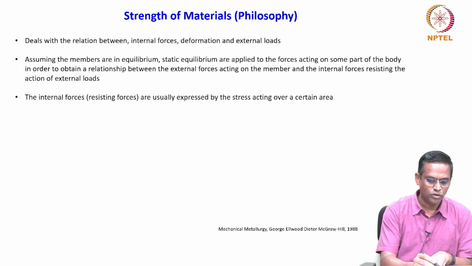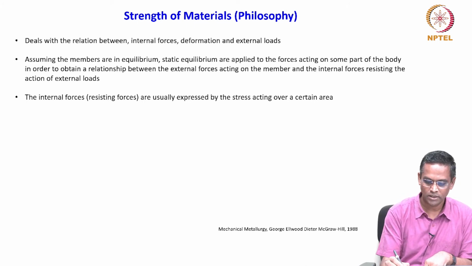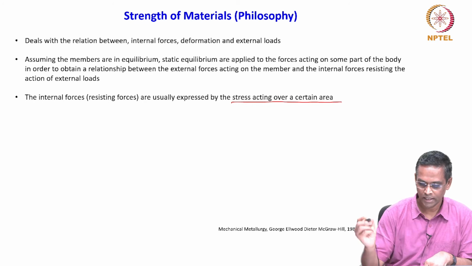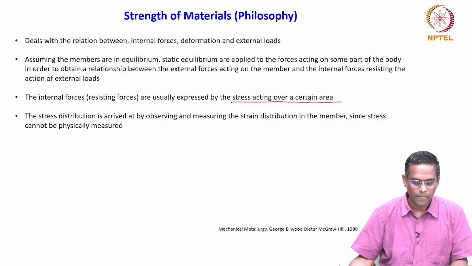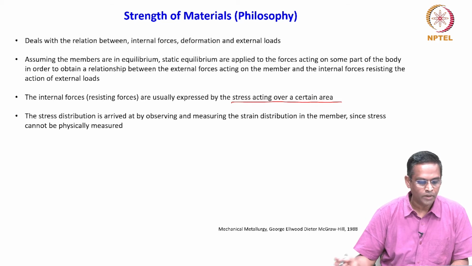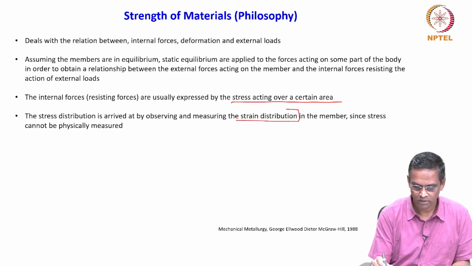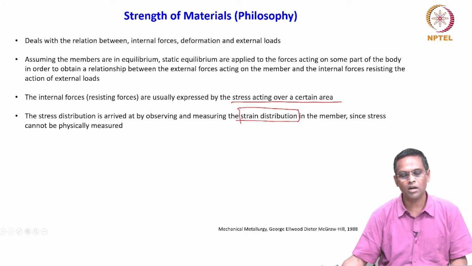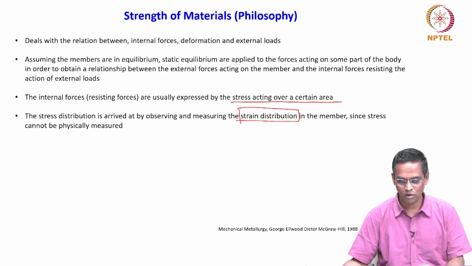The internal forces, that is resisting forces, are usually expressed by stress acting over a certain area. Okay. The stress distribution is arrived at by observing and measuring the strain distribution. So this is important. We are not going to measure the stress directly because it cannot be physically measured.